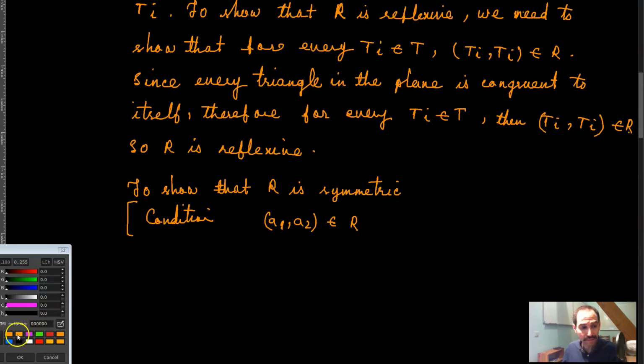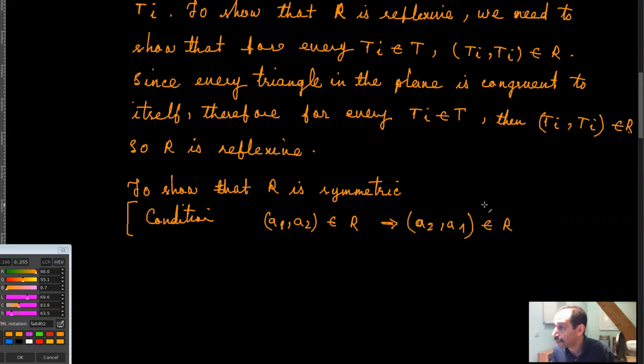The condition is A1 comma A2 belonging to R implies that A2 comma A1 also belongs to R, right? And of course for all A1 comma A2 belonging to R, right?